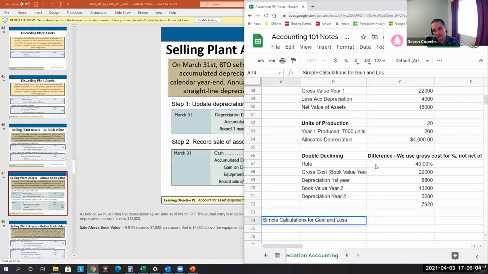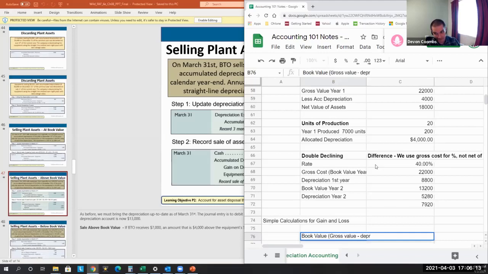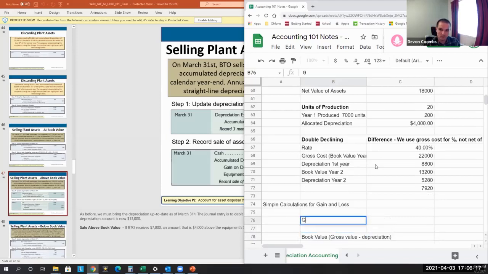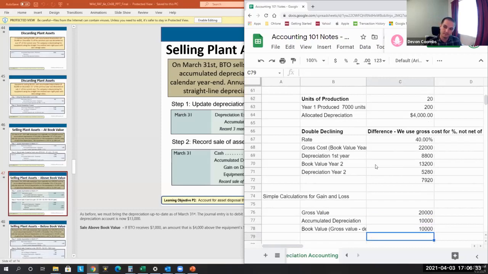For gain and loss, we just ask, what's the book value? We know what book value is, right? It's gross value minus accumulated depreciation. So if we have a $20,000 asset and our accumulated depreciation is $10,000, our book value is 10,000.